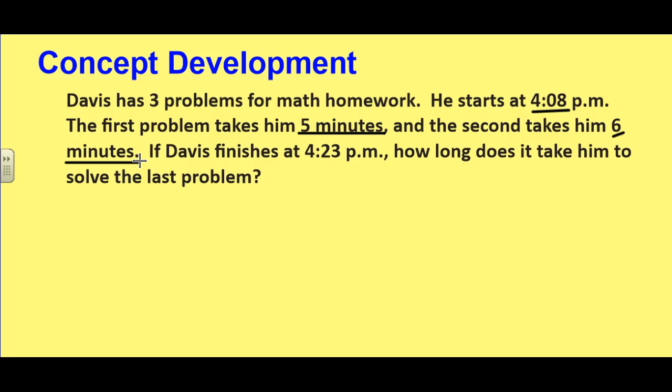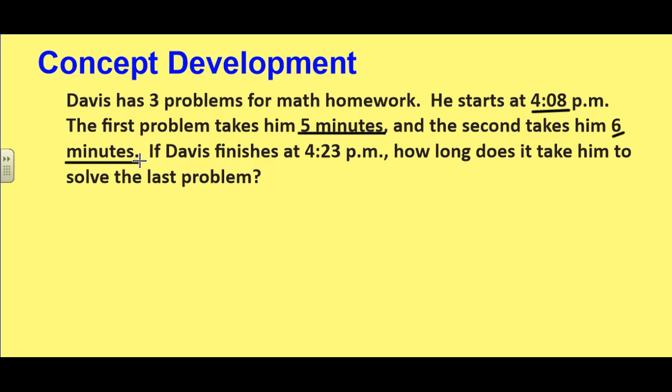But we do know how long the first problem and the second problem was. So we do have to know how long that was altogether for the first problem and the second problem. So when you add 5 and 6 together, that's just like adding 5 plus 5 and then just one more. And we know that 5 plus 5 is 10, and when you add one more to that, you get 11.